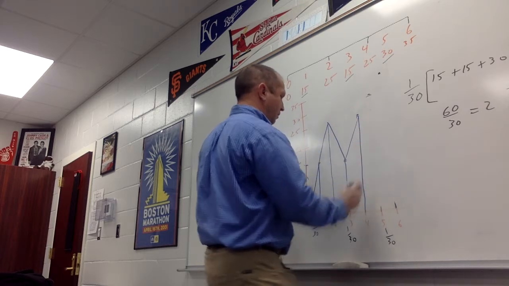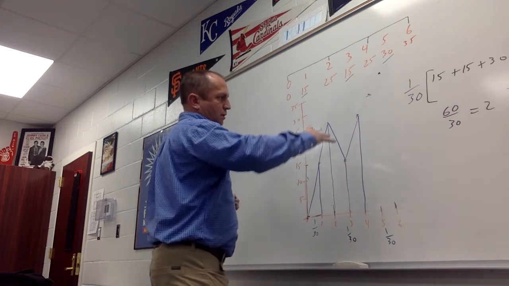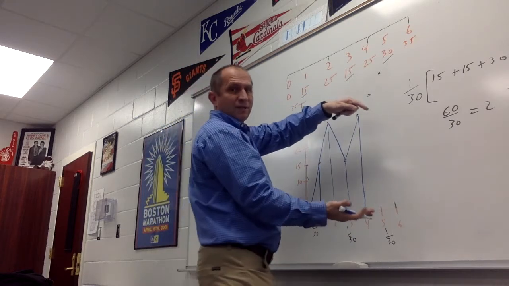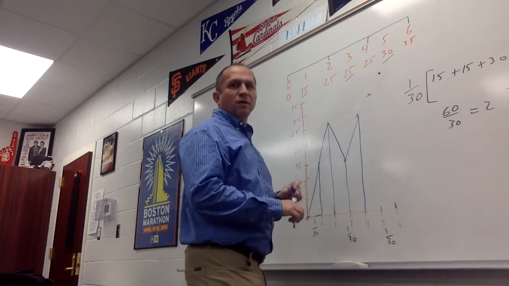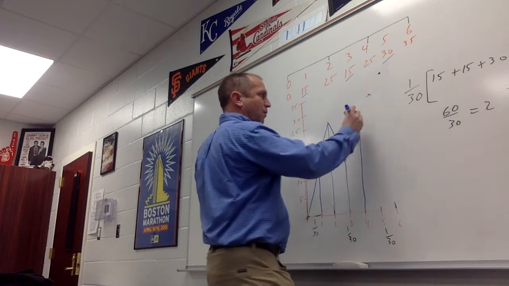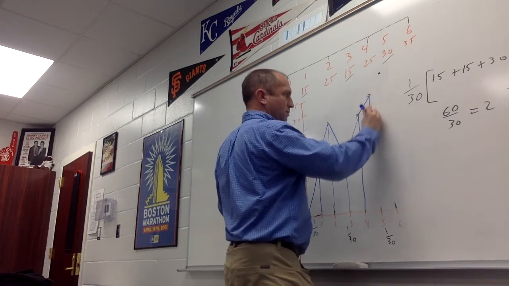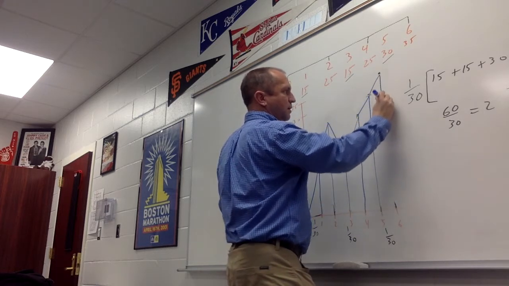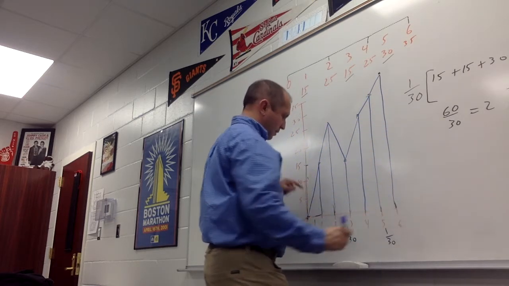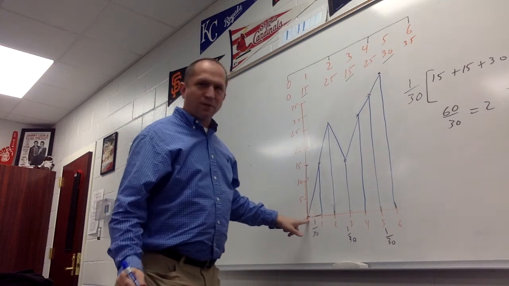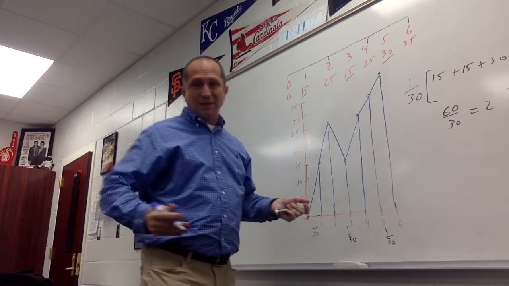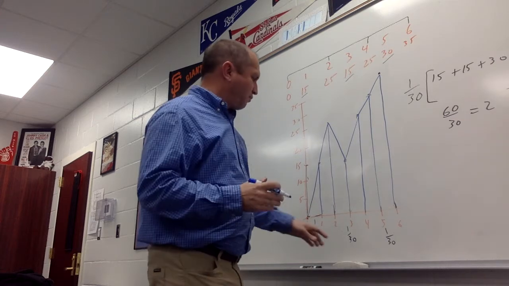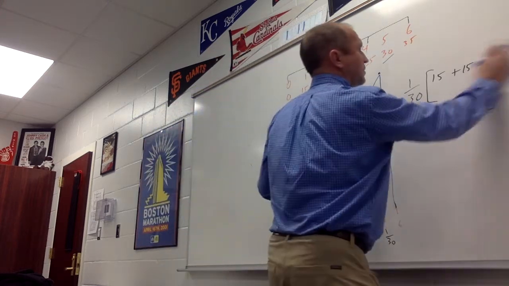Again, your parallel sides this time are your vertical, so you can think about each one of these trapezoids being rotated 90 degrees, and that's more like what you're used to seeing when you see a trapezoid. Okay, so here's my next one. And then here's my next one. So all of these are trapezoids. This just happens to be a trapezoid with one of your bases being 0, which means it's a lot like a triangle. Now let's think about what the formula for the area inside of a trapezoid is.